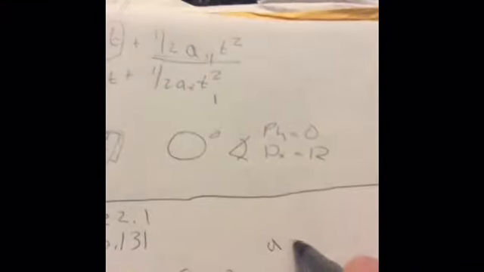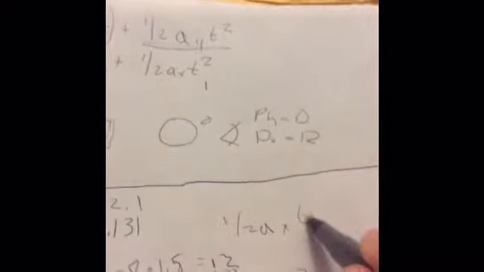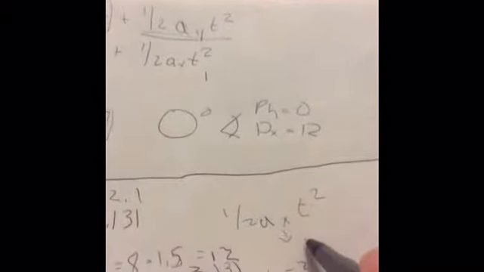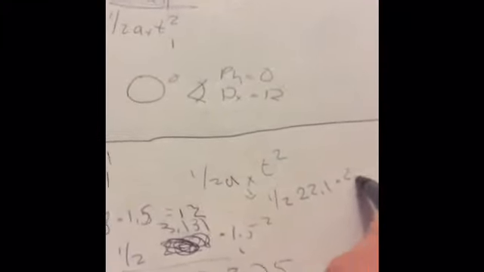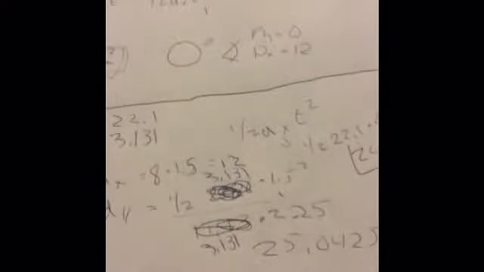But we have to find 1/2 ax t squared, which will equal 1/2 times 2.1 times 2.25, which will equal 24.8625.